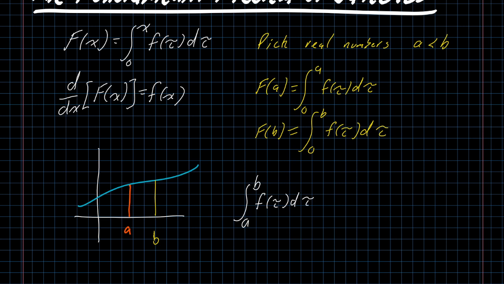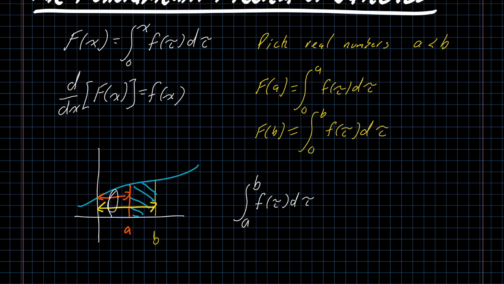Well, the integral from a to b is this part of the area under the curve. Big F of b is the area of all of this, and big F of a is the area of this much.